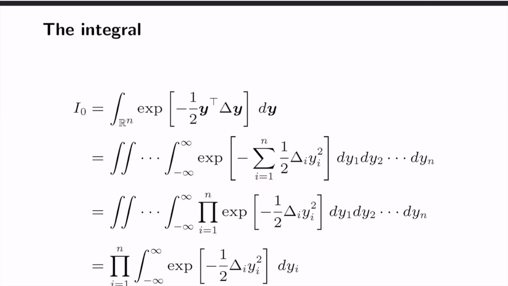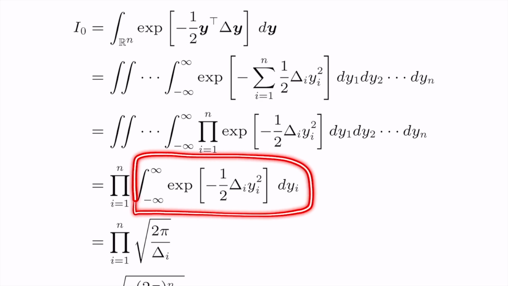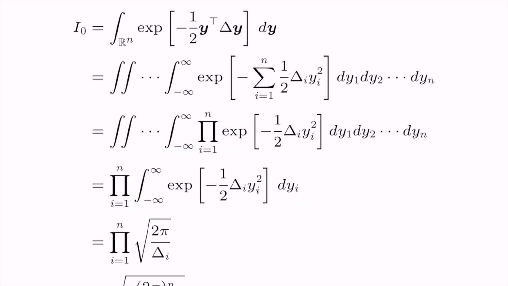So we can split this exponential function into this product of exponential functions. Since each factor here contains only one variable, we can split this integral into the product of integrals. But this integral is just a univariate Gaussian integral, so the result becomes square root of 2 pi over delta i.